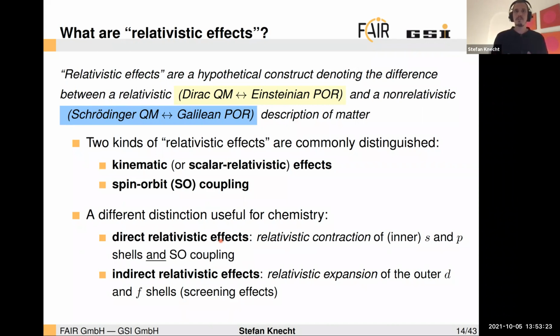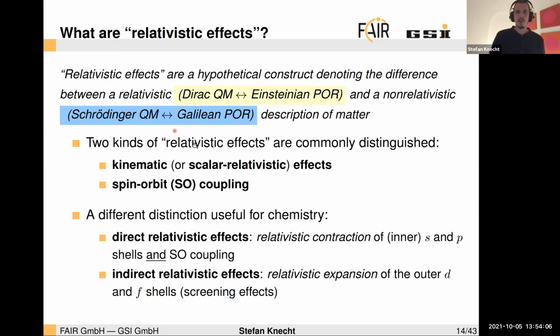So relativistic effects are just a hypothetical construct denoting the difference between a relativistic, so a Dirac quantum mechanical, and a non-relativistic or Schrödinger quantum mechanical description of matter, where the Dirac quantum mechanical description is consistent with the Einsteinian principle of relativity, and Schrödinger quantum mechanics is sort of consistent with the Galilean principle of relativity. And we know that in practice this one is the true principle of relativity, and this is not. So that means our world is actually relativistic. So that's why relativistic effects are just a hypothetical construct.